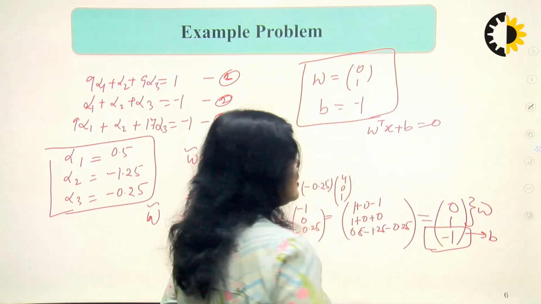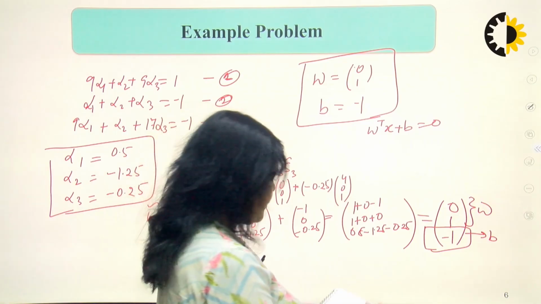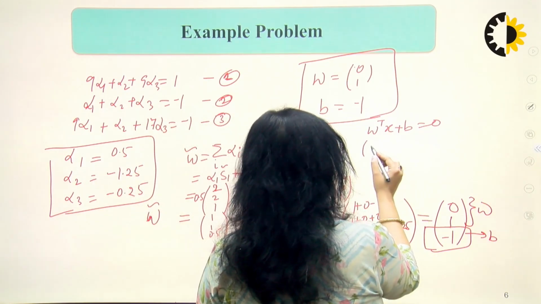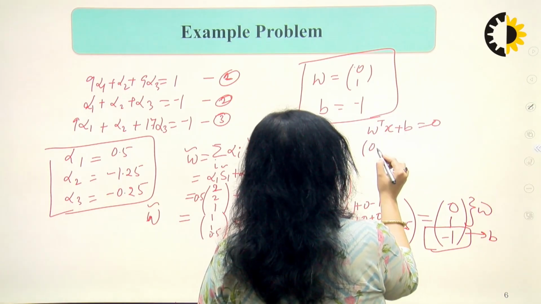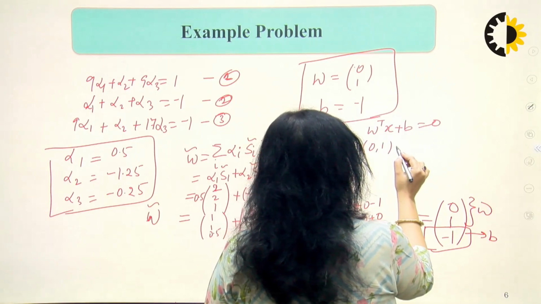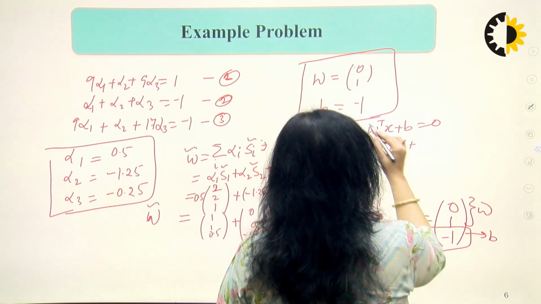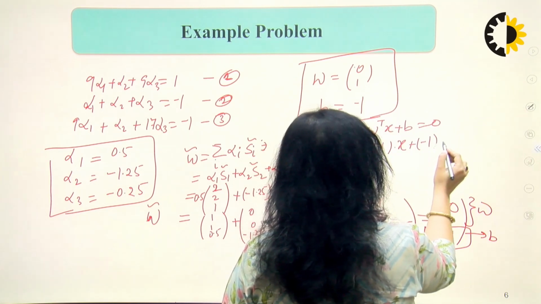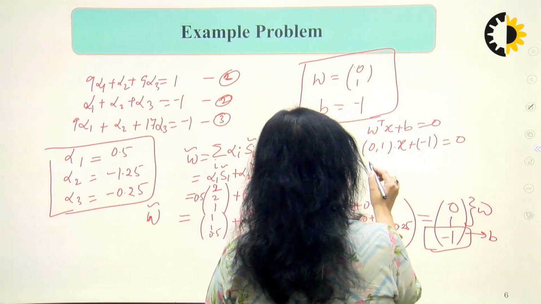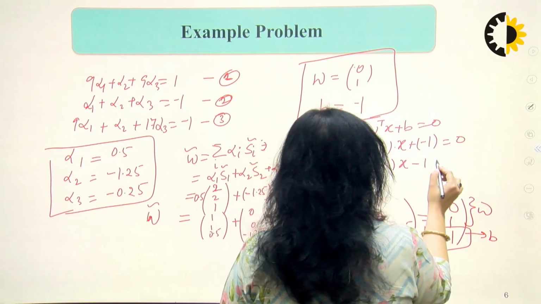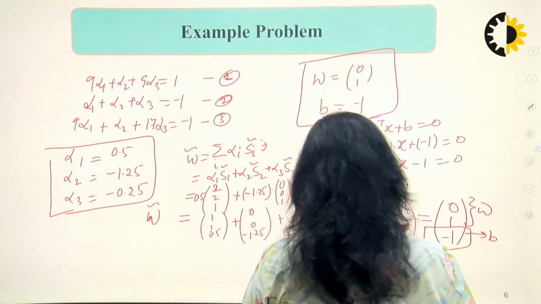This was the equation of the hyperplane that we have used initially. Now, if I keep the value of the weight vector, which is 0, 1, multiplied by x, plus the bias, which is minus 1, is equal to 0. So this will come to 0, 1, x minus 1 is equal to 0, right?